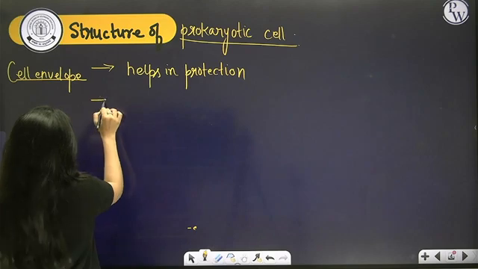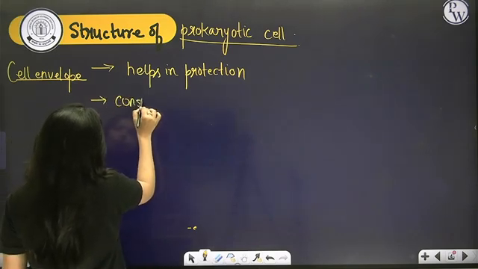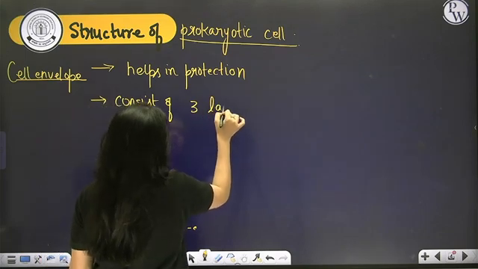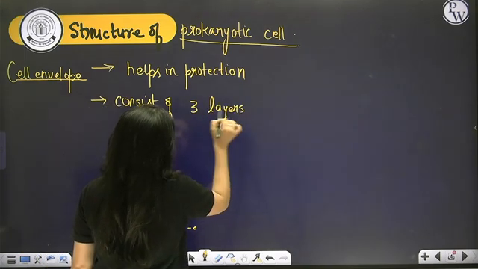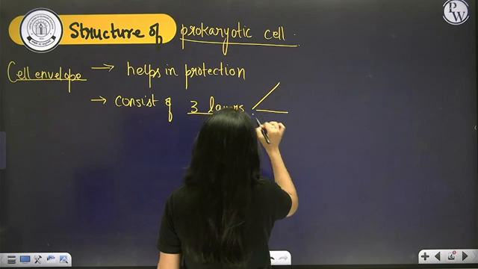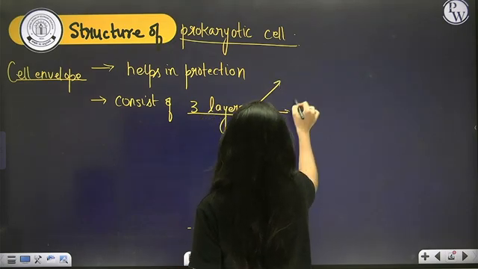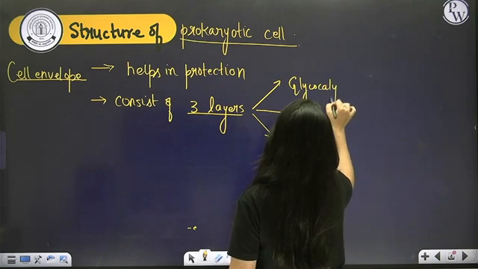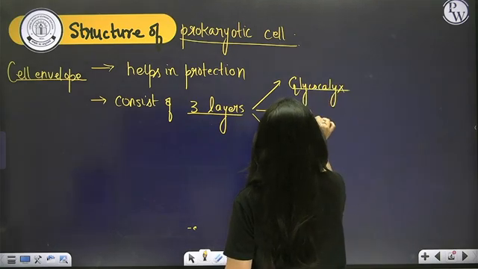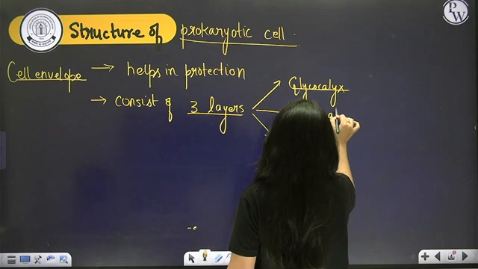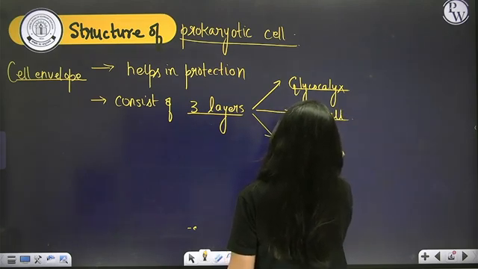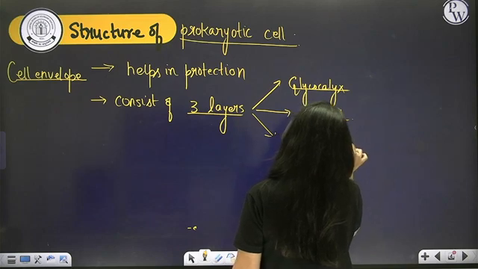Second, it consists of 3 layers, which are from outer to inner: glycocalyx, followed by cell wall, and the innermost being cell membrane.